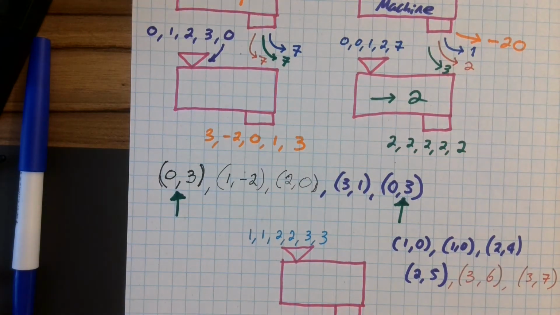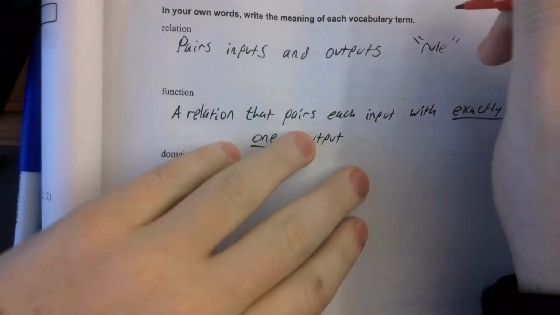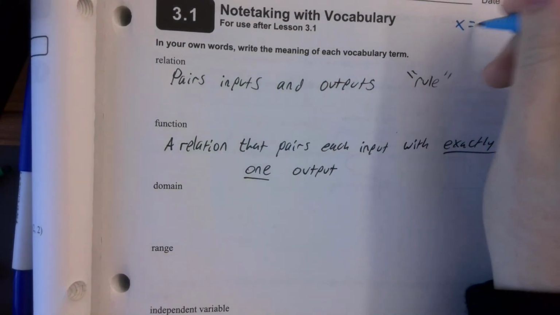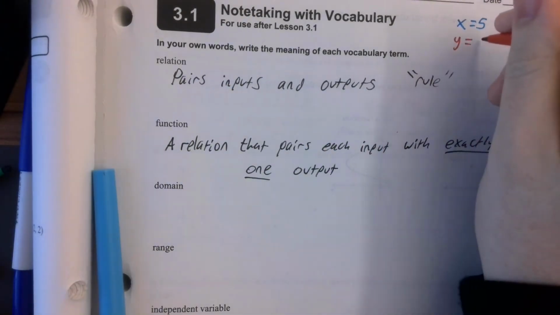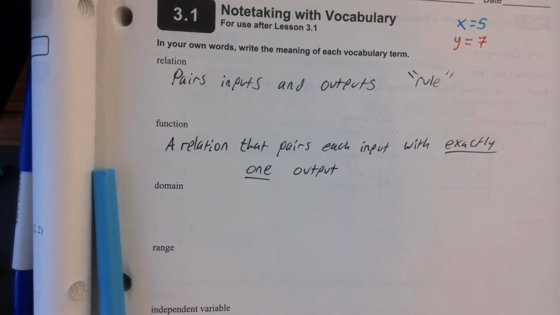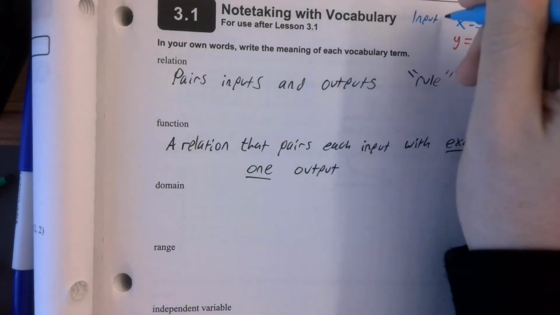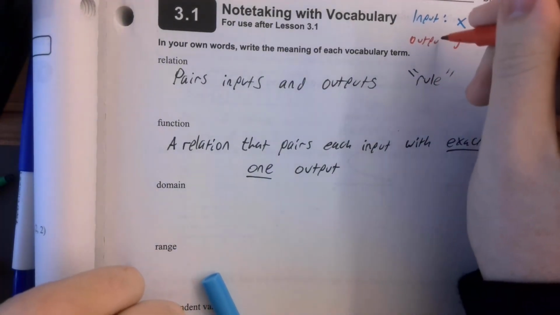So if I told you, for instance, I'm going to turn back to our notes page for this. If I told you that x equals 5 and y equals 7, that's the same as me telling you that the input is x and the output is y.